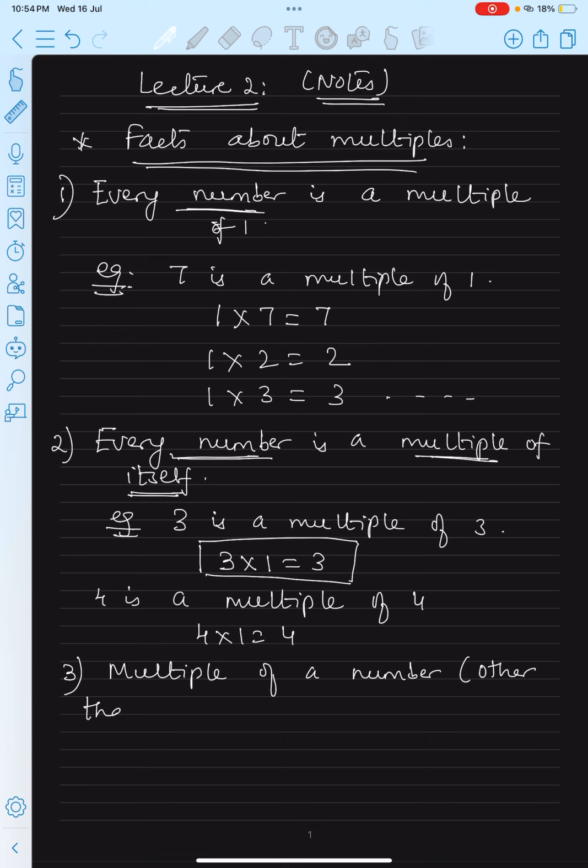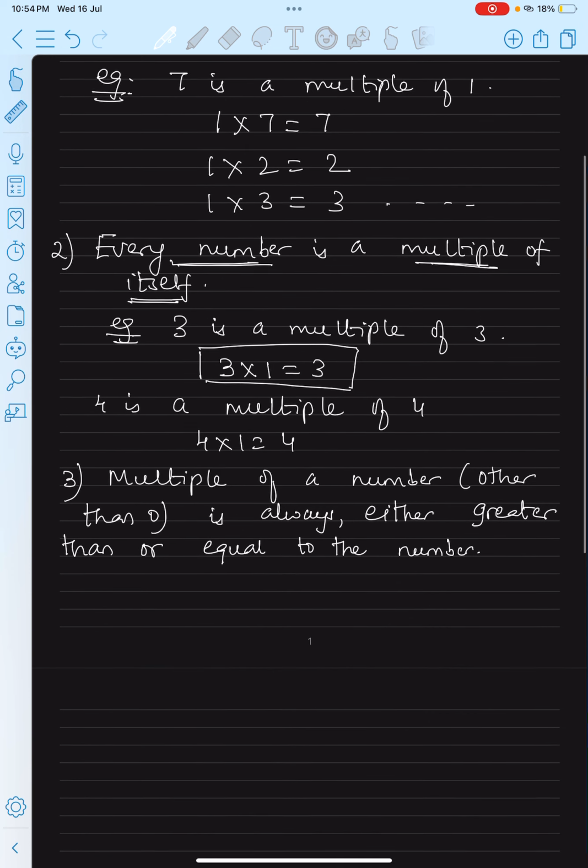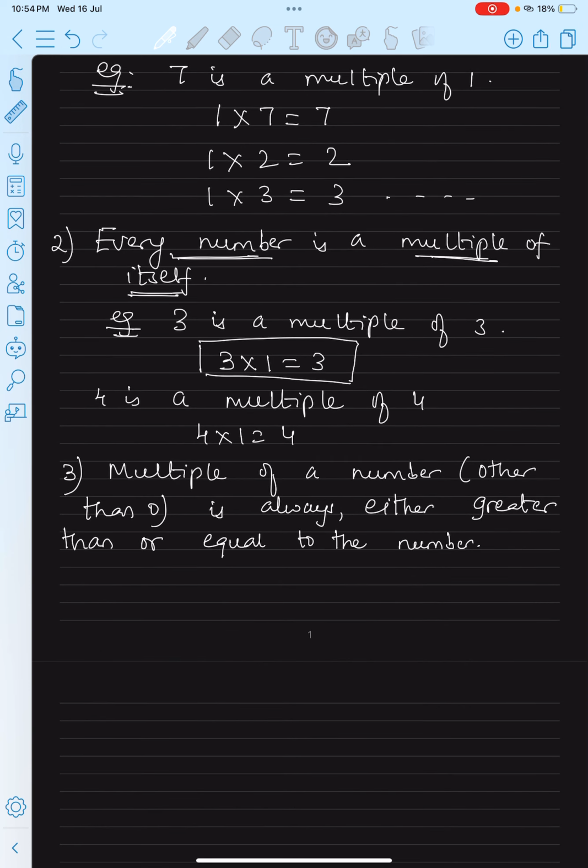That means other than 0, it is always either greater than or equal to the number. What is the meaning of this? That multiple of a number is always either greater than or equal to the number.